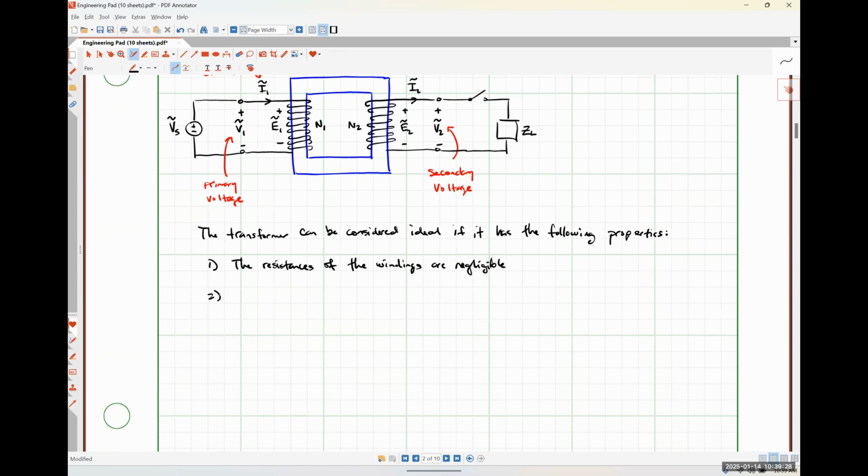Criterion 2 is that all fluxes are confined to the core and link both windings. In other words, our core losses are negligible.